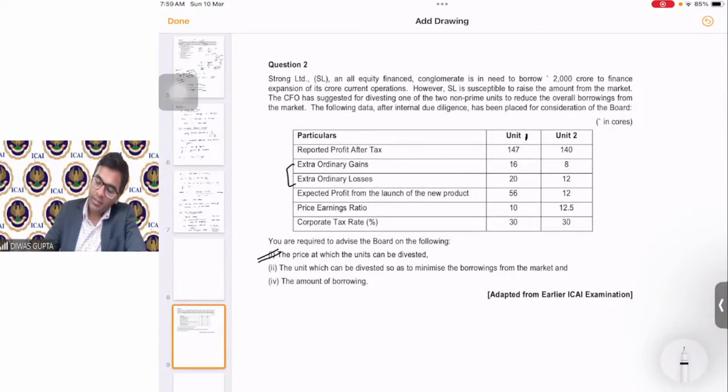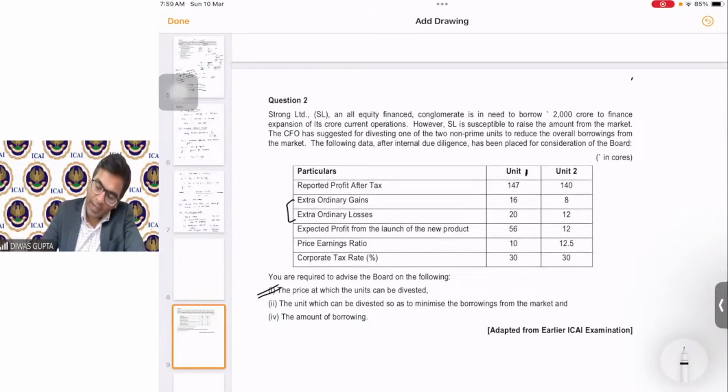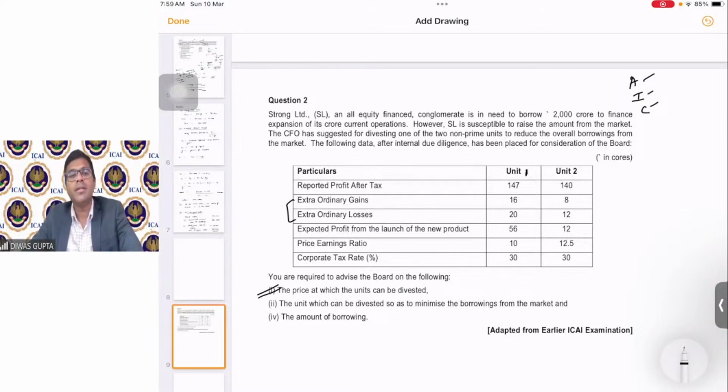Tell me whether we can apply asset based, income based, or cash flow based. A, I, or C. A is asset based, I is income based, C is cash flow based, students. Come on, students, tell me. Just think and then answer.